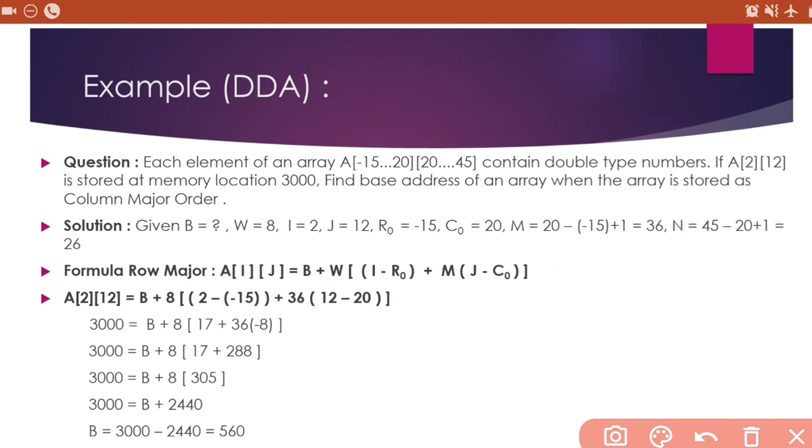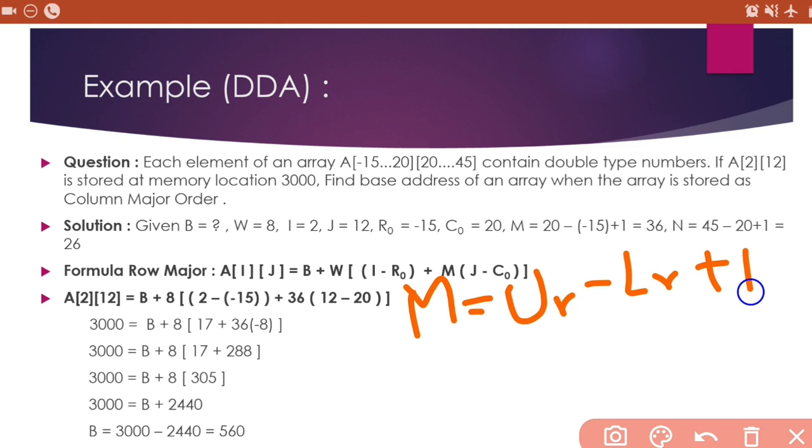I am telling you because this is your first time going through all these things, so how we find N, I am telling you with this example only. M is the number of rows, and the formula for the number of rows is upper row minus lower row plus 1.